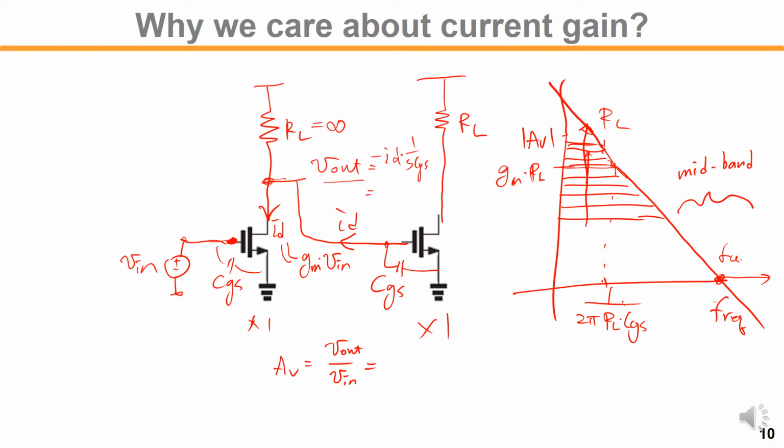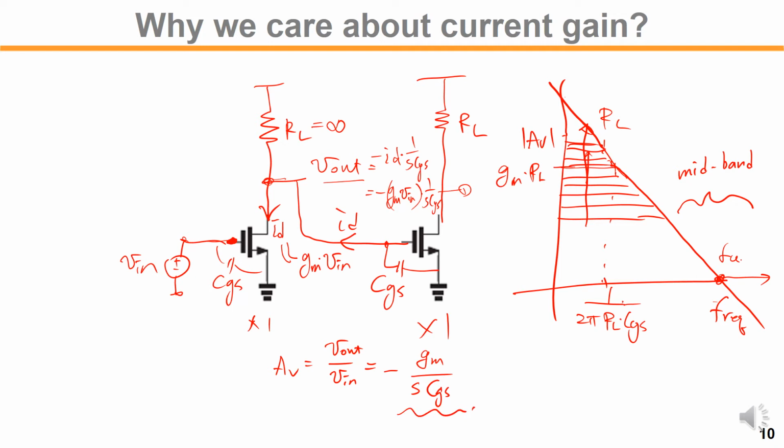My ID is GM times V in, so V out over V in is minus 1 over (S CGS over GM), which is minus 1 over (S over omega T).